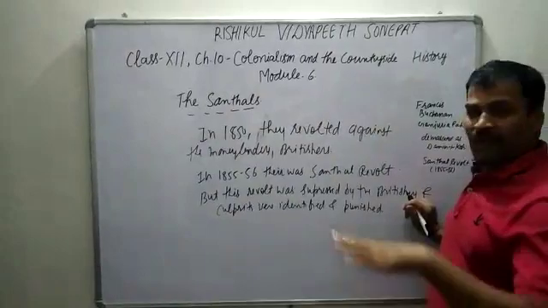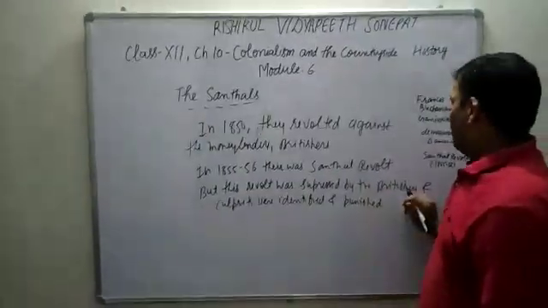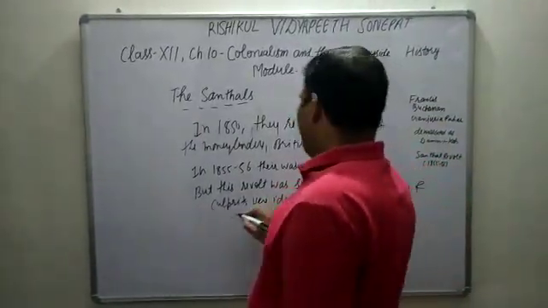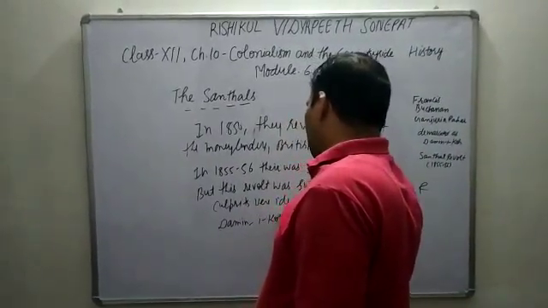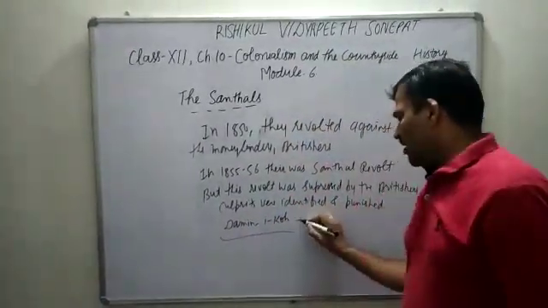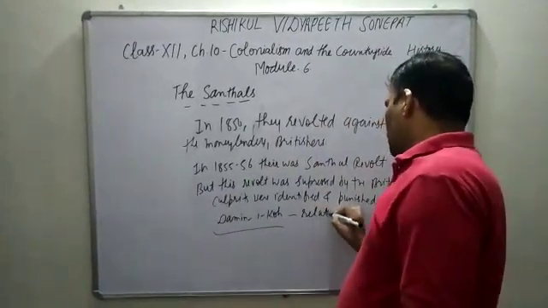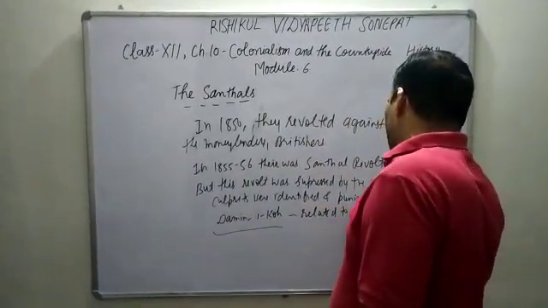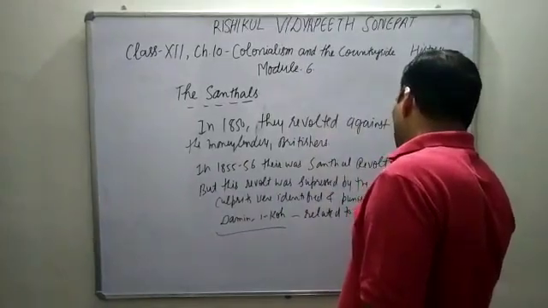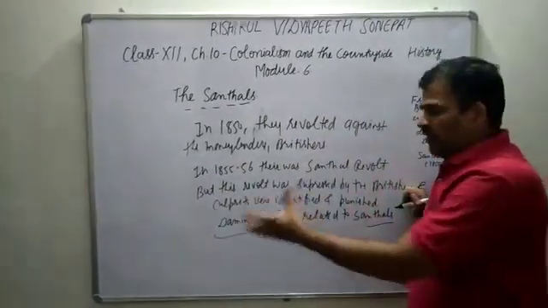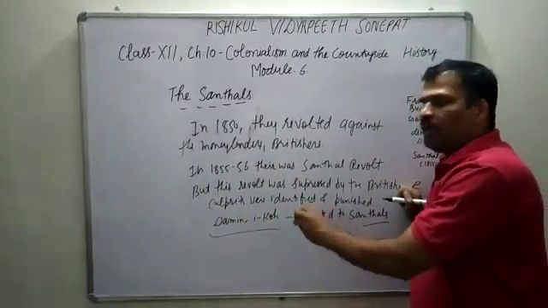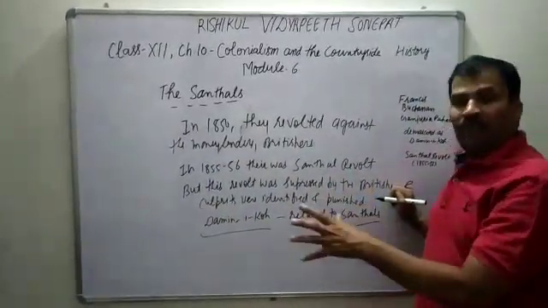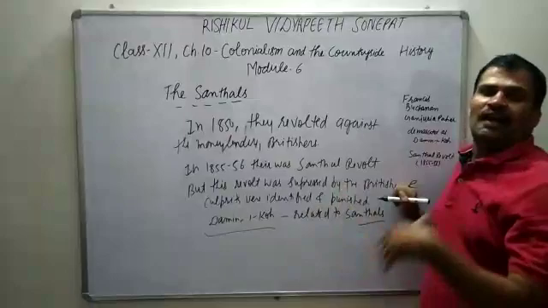Now what happened? Their area was demarcated in the form of Damin-i-Koho, the area related to the Santhals. Their boundaries were set up by the Britishers, and they lived in these areas, practicing agriculture.